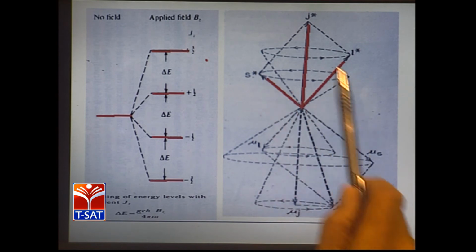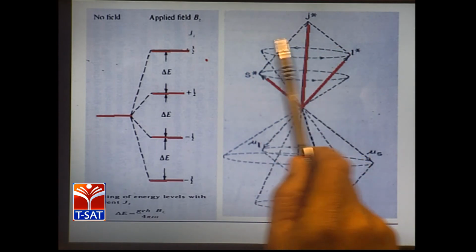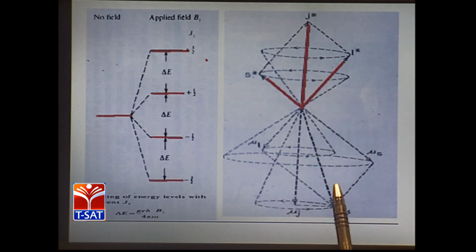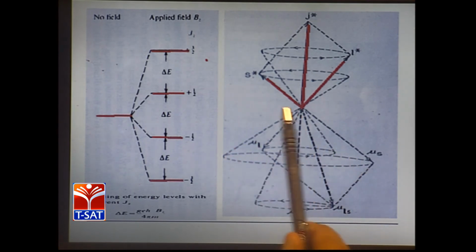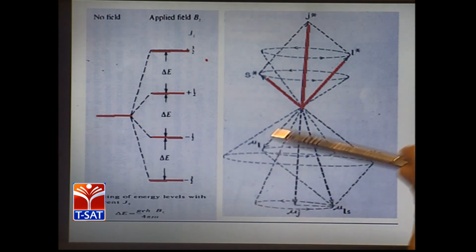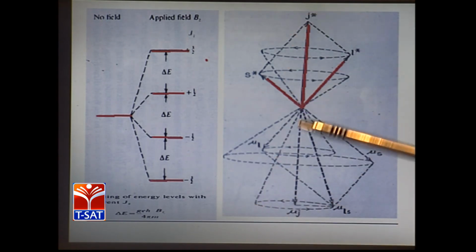How the spin vector rotates and how the orbital vector rotates, they both produce J in the same way. Now mu s, the S magnetic moment, and the L magnetic moment, both together produce mu j, the total magnetic moment. So, the upper part is the mechanical moment, the lower part is the magnetic moment.